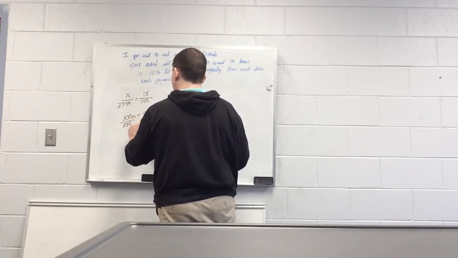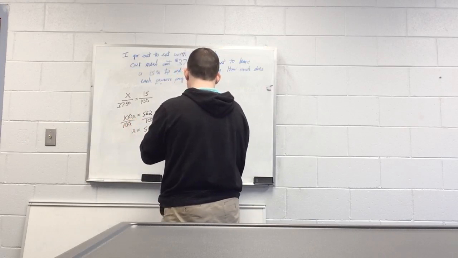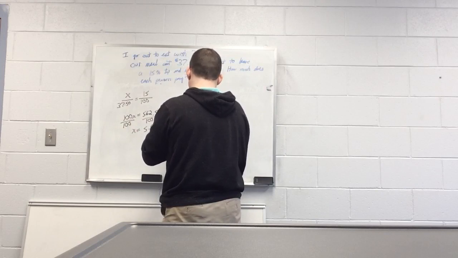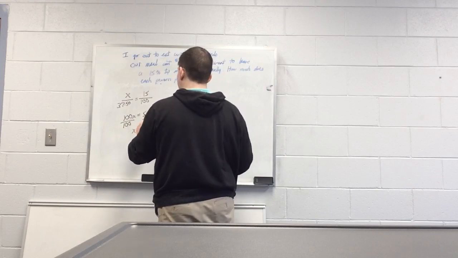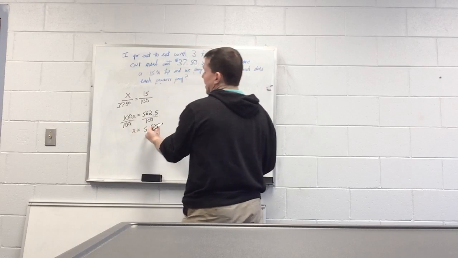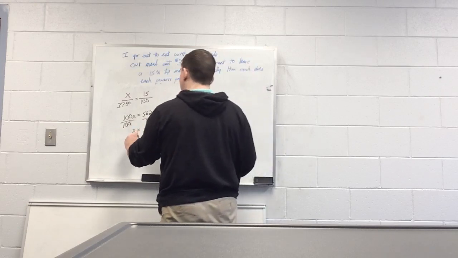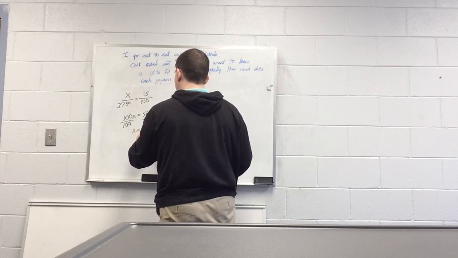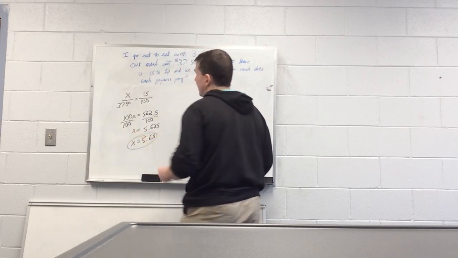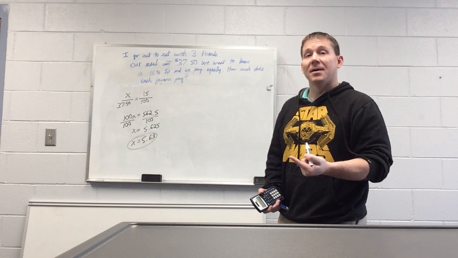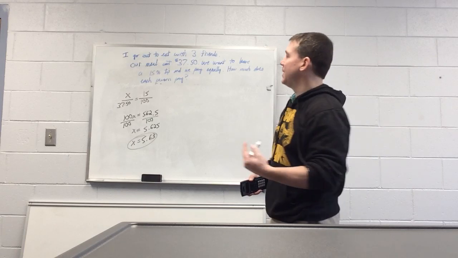X is equal to 5.625. I'll do it this way, just so you can see on the calculator. It's 5.625, but this is money, so I have to round to the second decimal place. So I'll round up to $5.63. Now there's my tip. So now, what's the total cost of the meal?